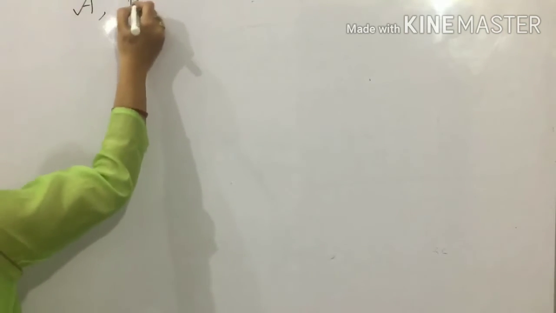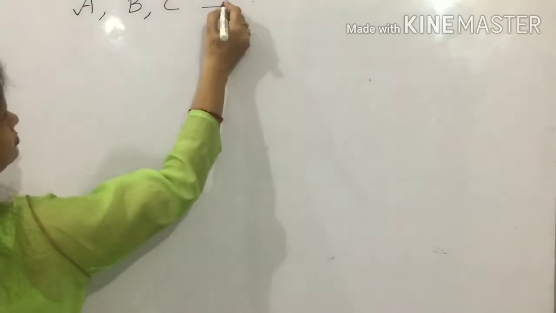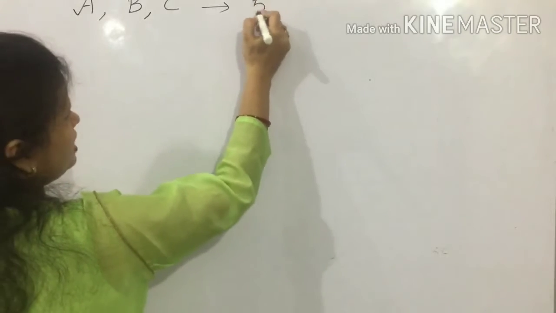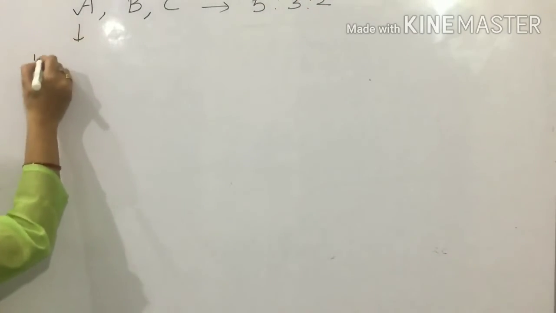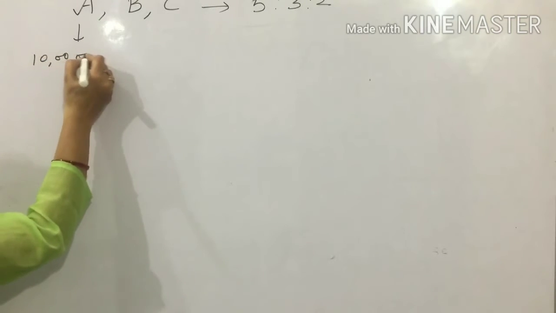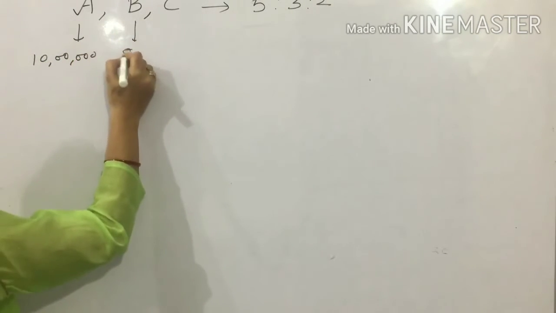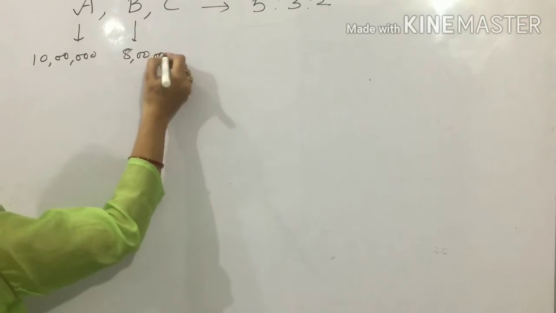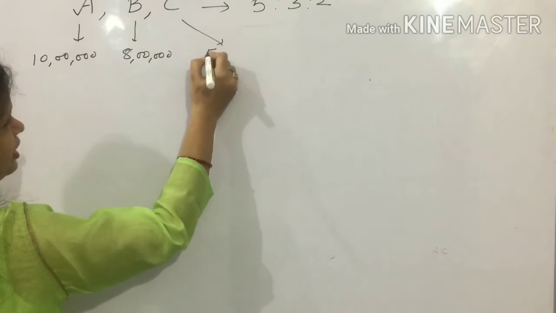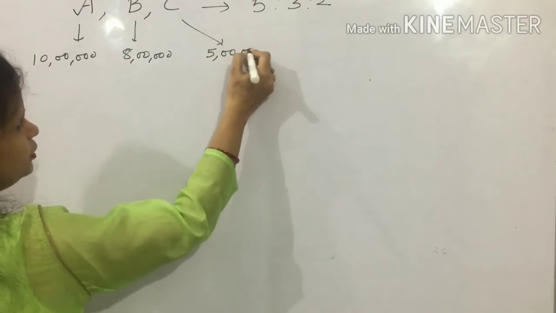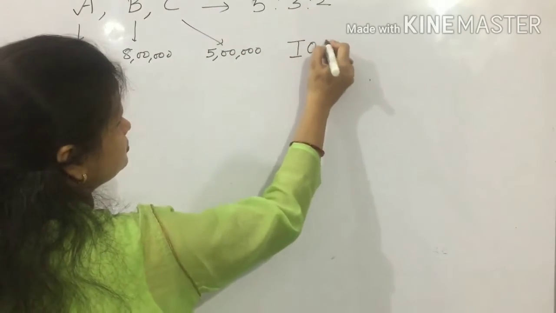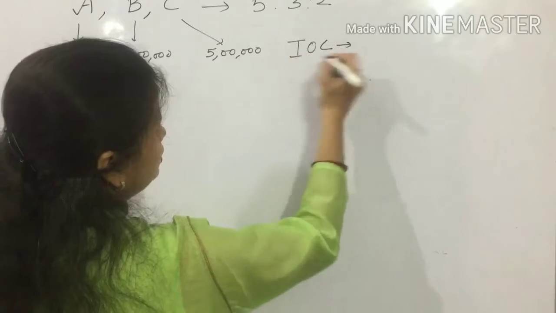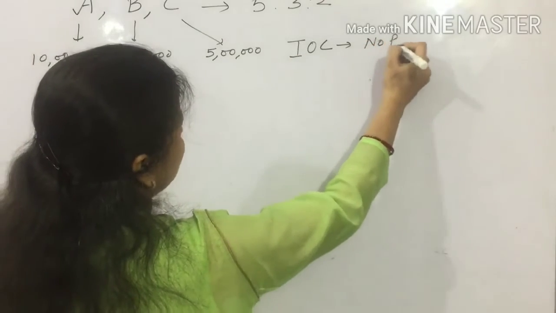Same assumptions are there, A, B and C. PSR 5:3:2. Capital of A 10 lakh. Capital of B 8 lakh. And capital of C, it is 5 lakh. Opening capital is given to you. And interest on capital, no provision in partnership deed.